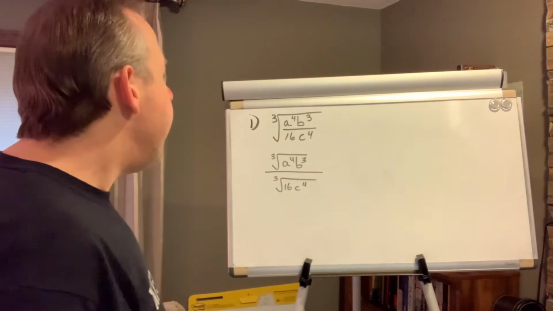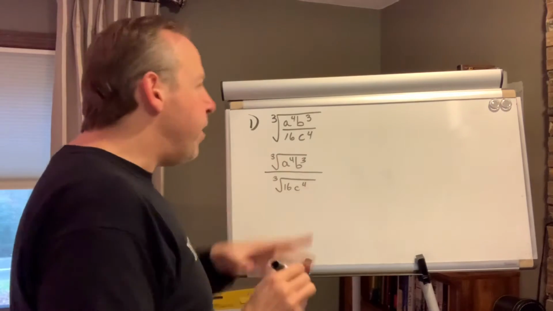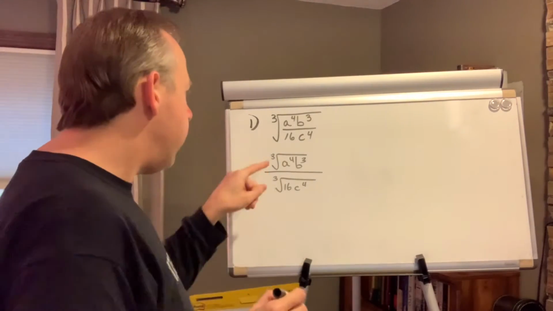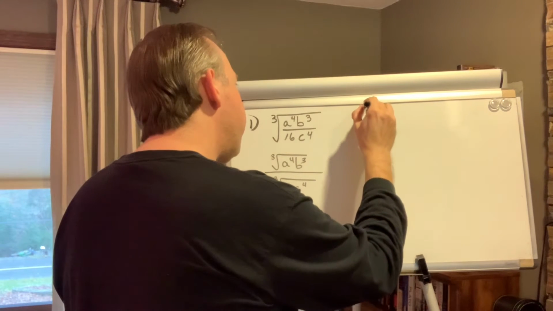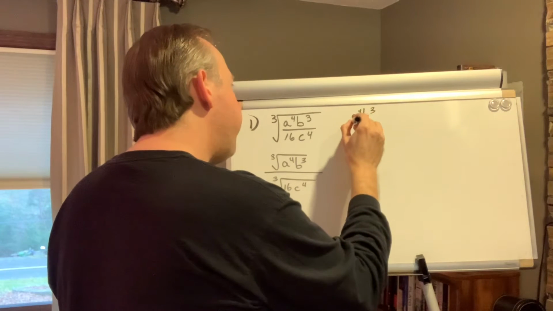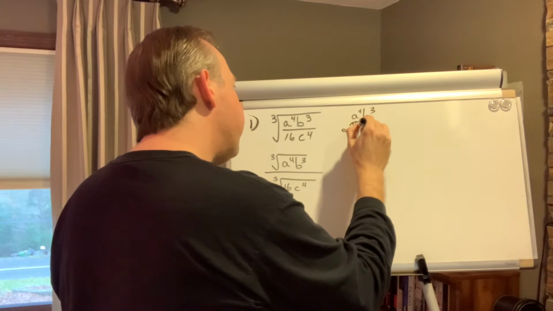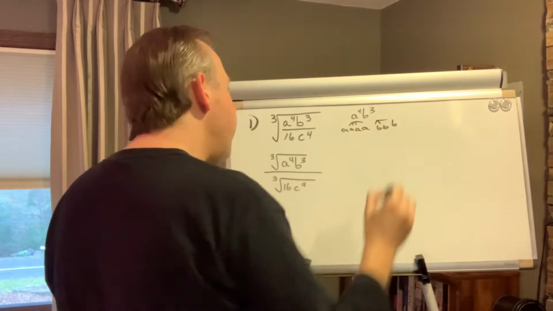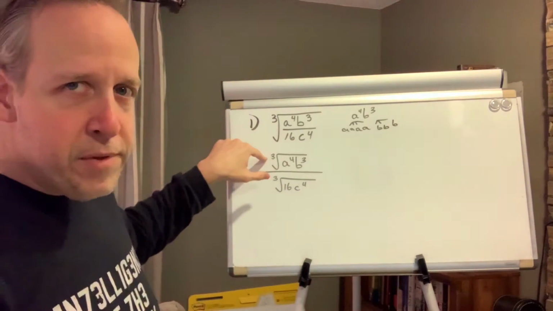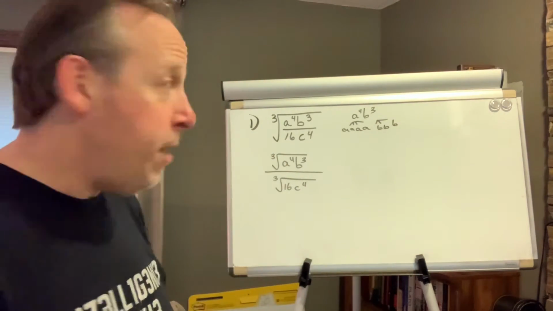Okay. Now, how do you break down a radical? Well, if you want to take the numerator first, we have a to the fourth, b to the third. A to the fourth is 4 a's, and b to the third is 3 b's. It's the third root, so we're looking for things that occur in groups of 3.